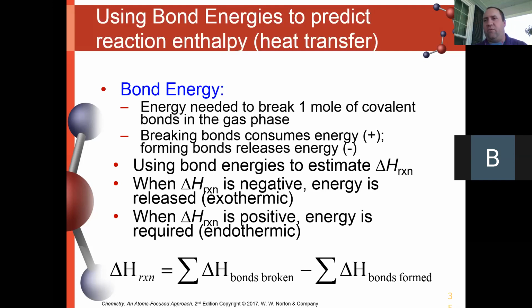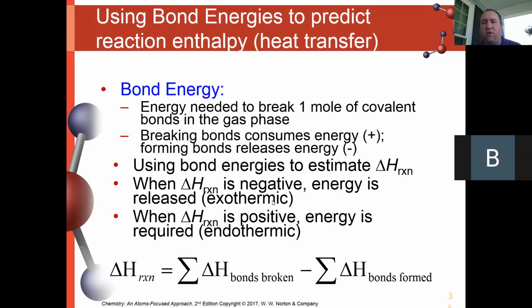That energy had to come from somewhere. It must have come from the outside. So the overall energy is positive, which is an endothermic reaction. Or conversely, we can say, hey, the products have less energy than the reactants did, and so they must have released that energy as the reaction proceeded.